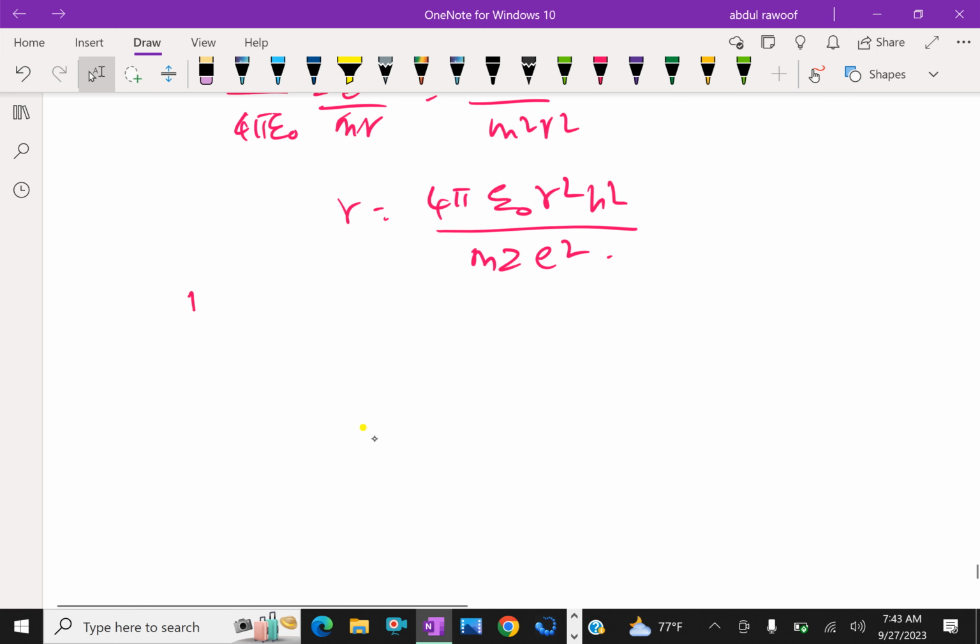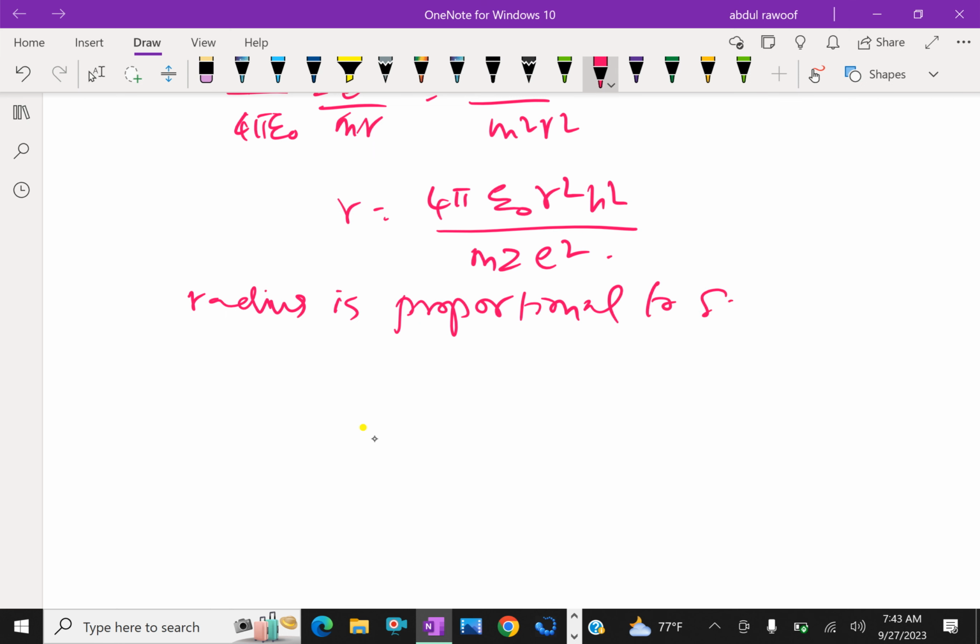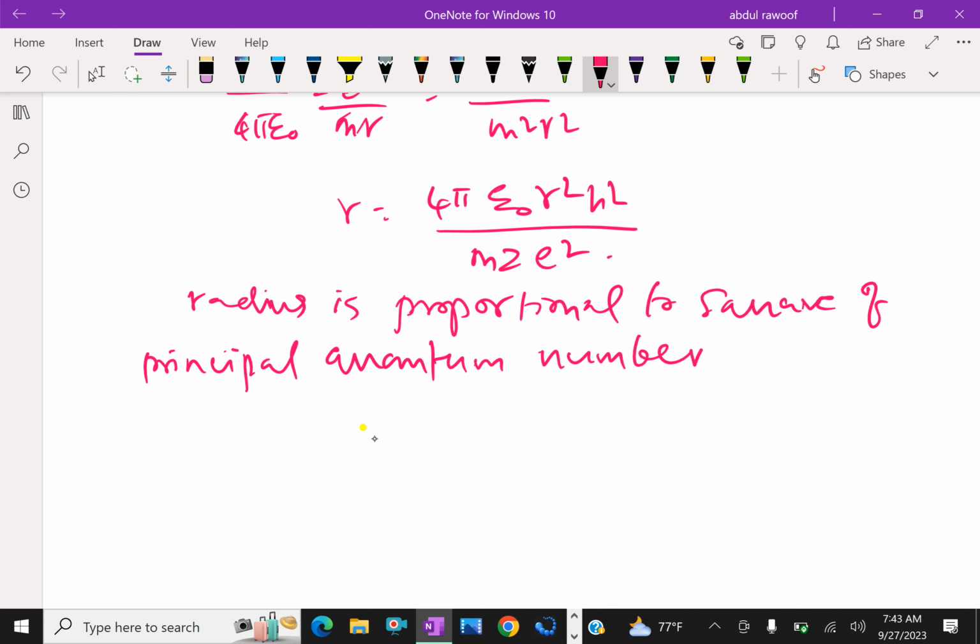Therefore, the radius is proportional to the square of the principal quantum number, that is 1 is to 4 because 2 squared, 3 squared is 9, and it goes on.